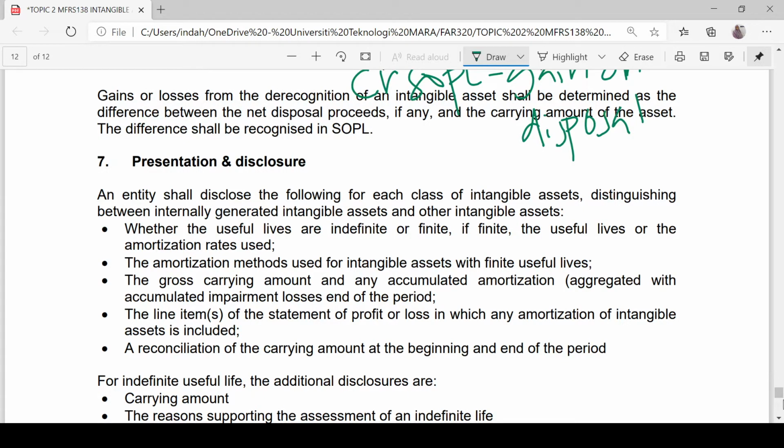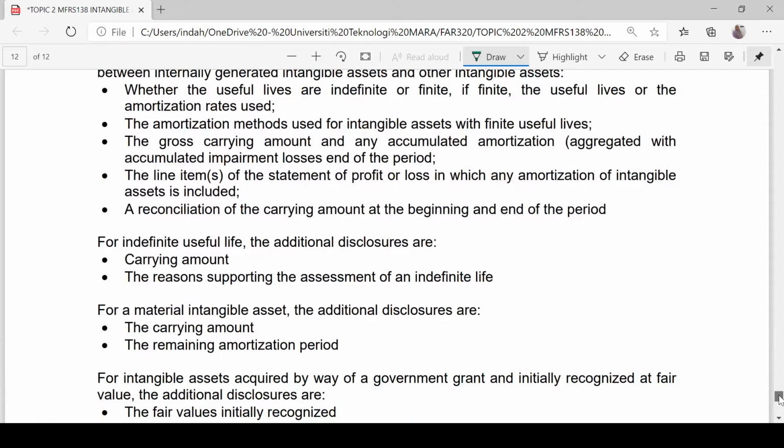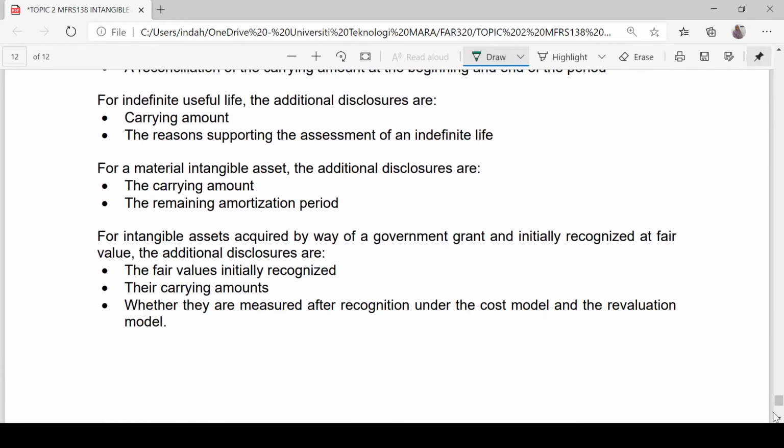For indefinite useful life, additional disclosures are required related to the carrying amount of the intangible asset and the reason supporting the assessment of an indefinite useful life. For a material intangible asset, additional disclosures are the carrying amount and the remaining useful life or remaining amortization period.